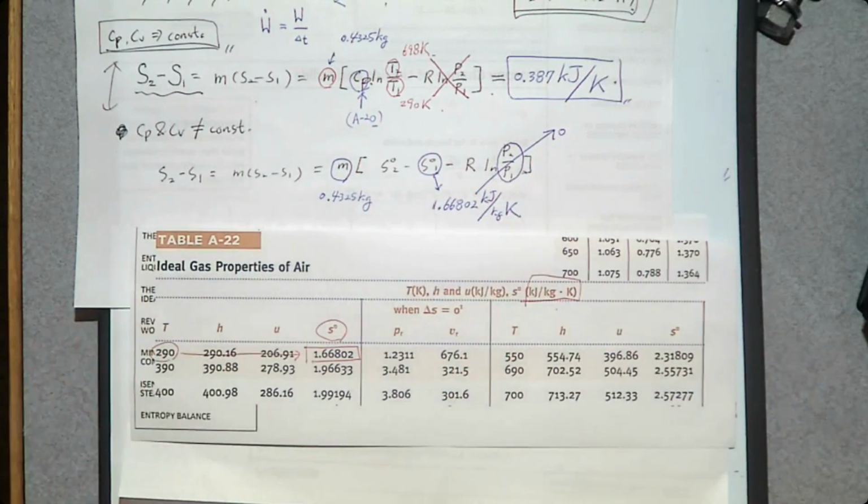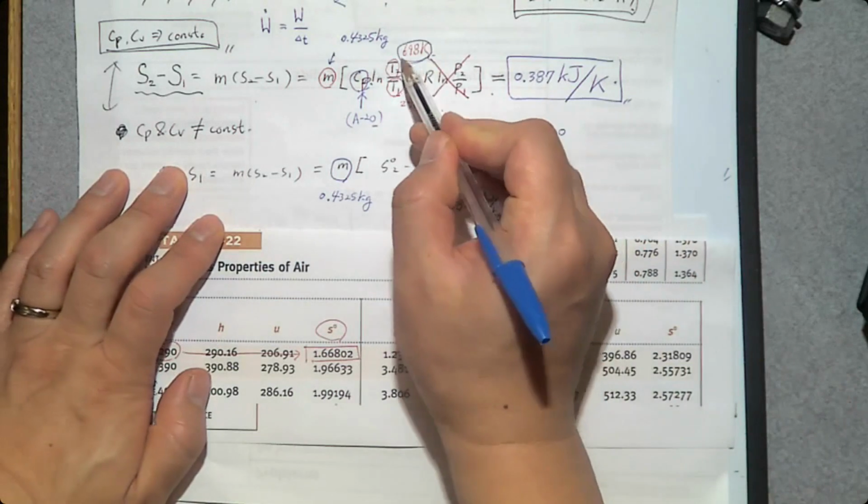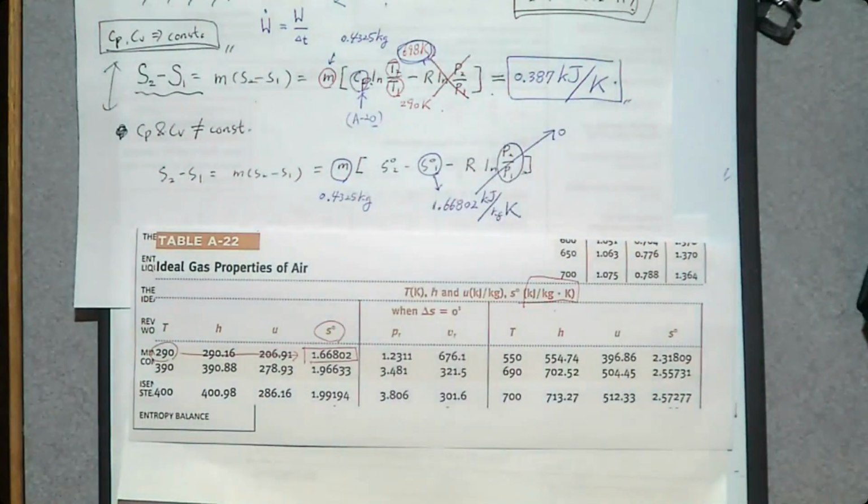What about s degree 2? The temperature at the final state is 698. So let's find 698. 698 is between 690 and 700.